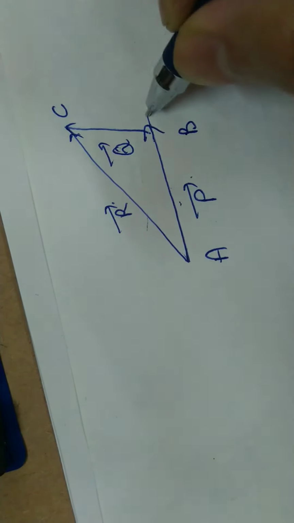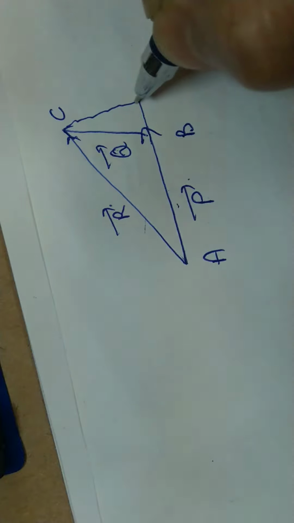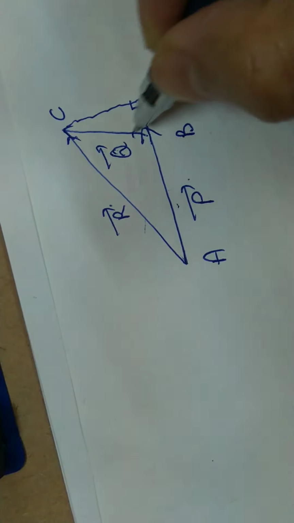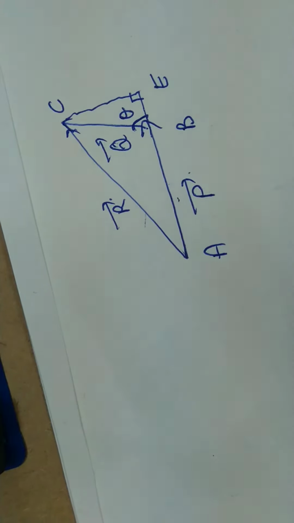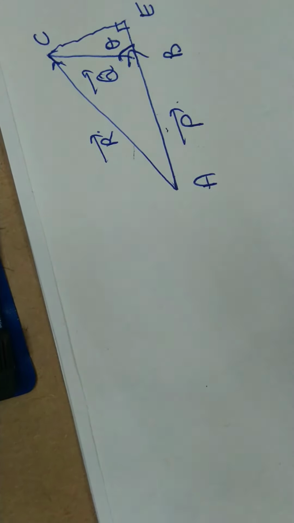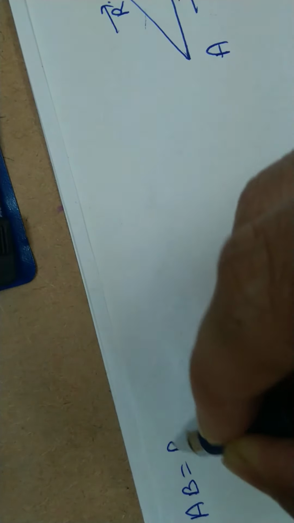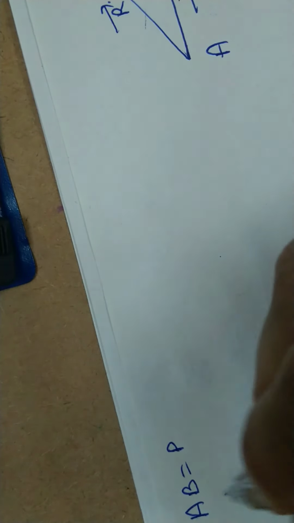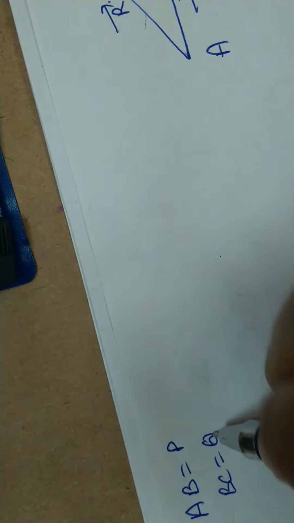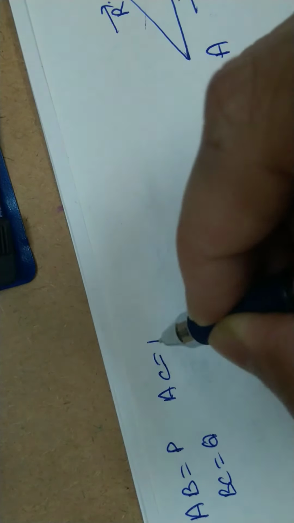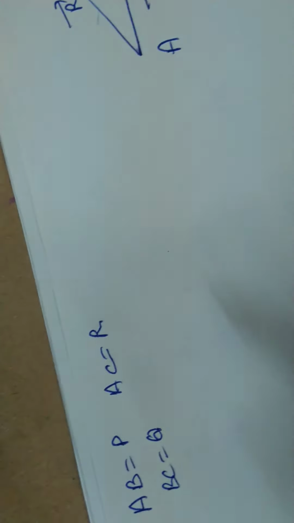Now extend this and draw the perpendicular here. This is angle theta. Now here we only write the magnitudes of the vectors, and we have the sides AB equal to P, BC equal to Q, and AC equal to R.